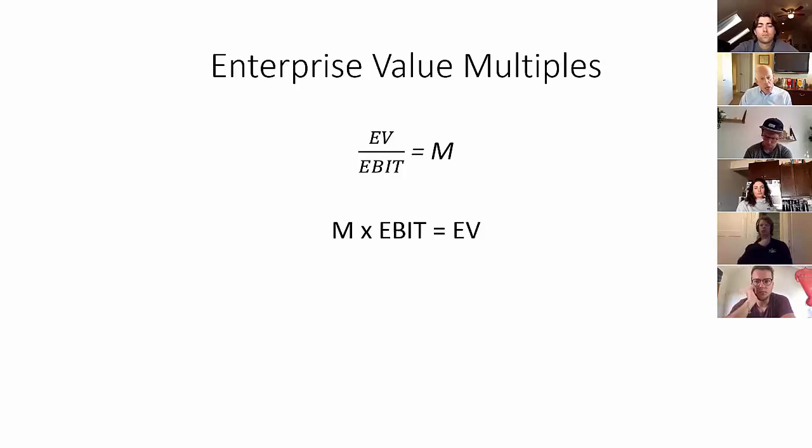But now if we know what that number is based upon comparables in the market around us, we can take that multiple, multiply it by our cash flow variable that was used in that multiple that we're comparing ourselves with, and we'll come up with an enterprise value. That is no different than what a realtor is going to do when they come to your home and say, hey, we're looking at your house.